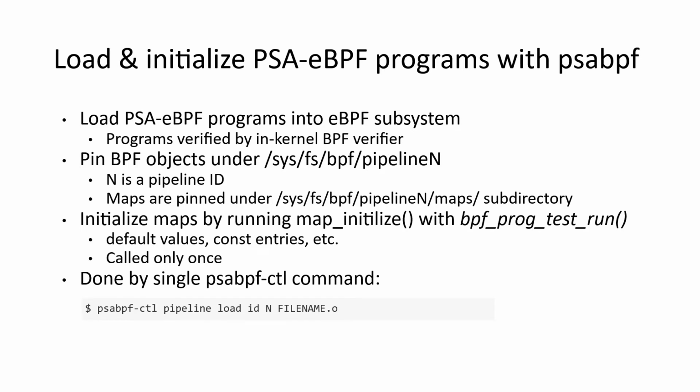The next step is to pin eBPF objects under the pipeline directory in the BPF file system. This allows to have multiple independent pipelines, each with its own programs and maps. Maps are pinned under the maps subdirectory.